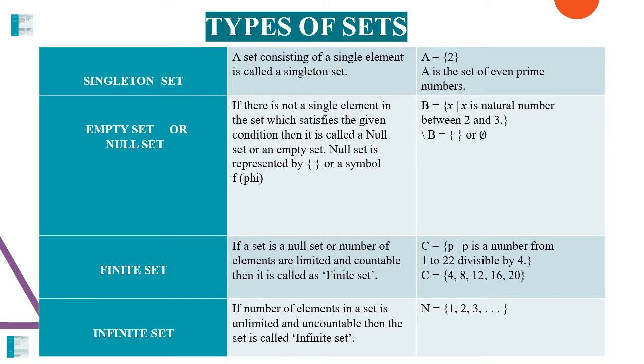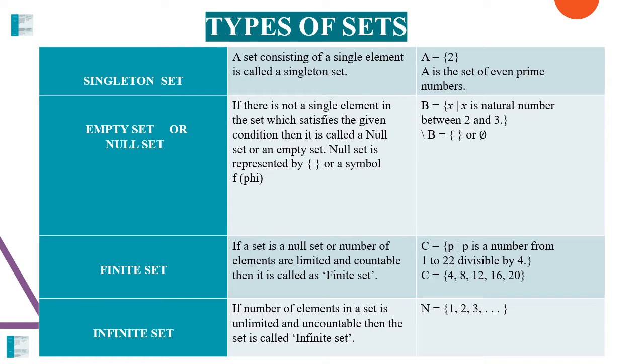Second one, empty set or null set. The name itself suggests that empty set means there is no element and therefore it is empty, and hence it is under the category of empty set. So if there is not a single element in the set which satisfies the given condition, then it is called a null set or an empty set. You can see the symbol given here.